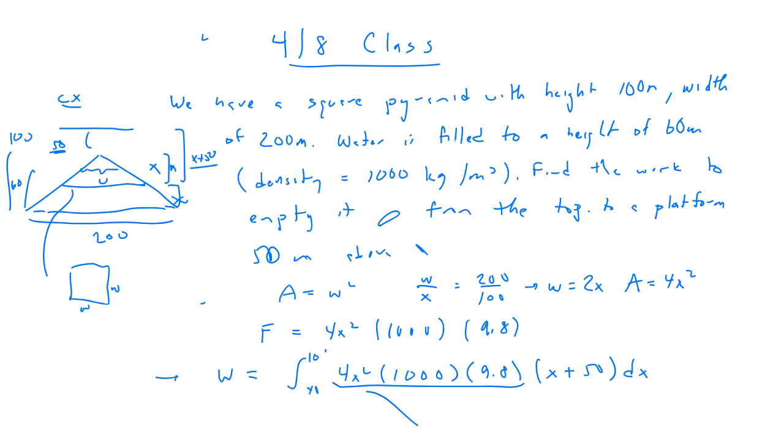The 40 is the distance from the top of the pyramid until I first hit water, which is 40 meters down. And that's supposed to be another 0 there. And then I keep going until I get to the bottom of the pyramid.